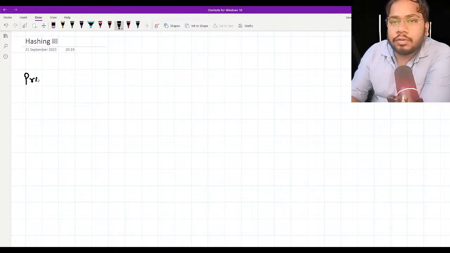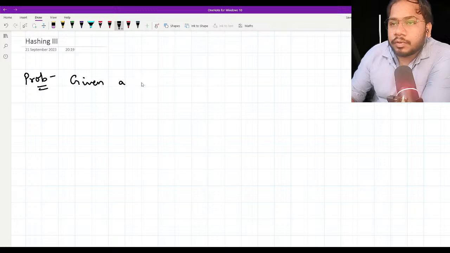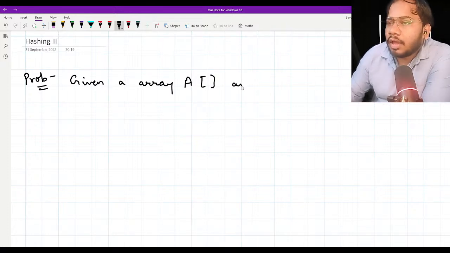So the first problem. What is the first problem? We are given an array A, and we are also given a value k.